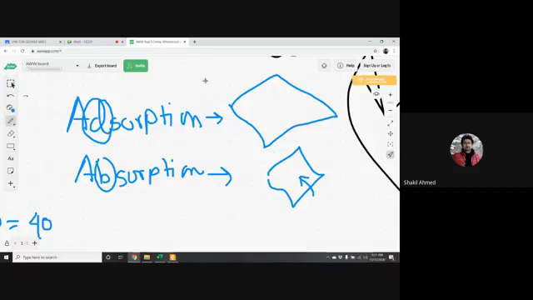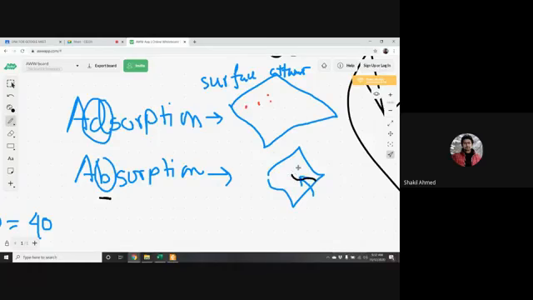Gets attached at the surface. Basically, surface attachment. উপরে লেগে থাকে surface attachment. এটা লেগে আছে গায়ে উপরের দিকে. But absorption, unlike adsorption, in case of absorption, এটা ভেতরে ঢুকে যায়.